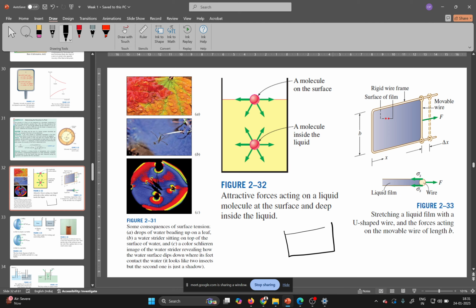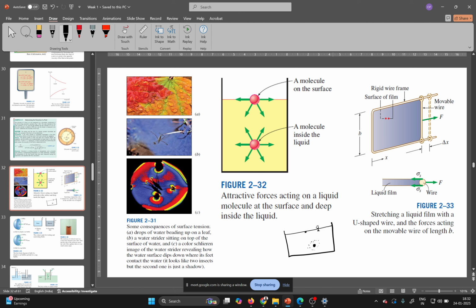If this is the free surface and this is the inside, everywhere there is cohesion of the particles, because around each particle lots of particles are present, and every particle attracts each other. So only the cohesion acts, not the adhesion, because here the surface tension will act on the surface of the liquid.